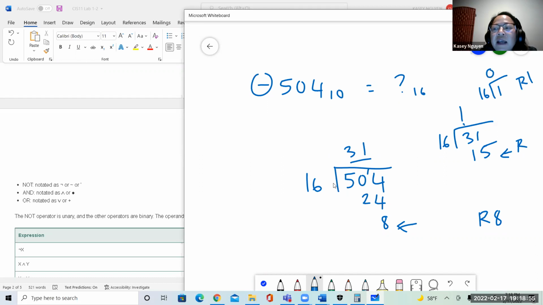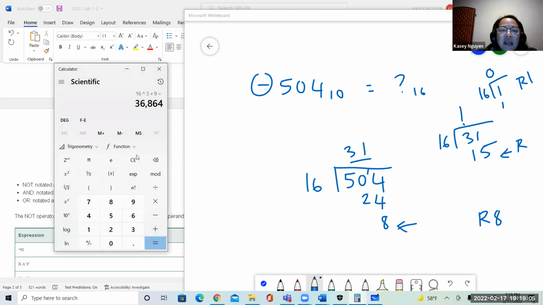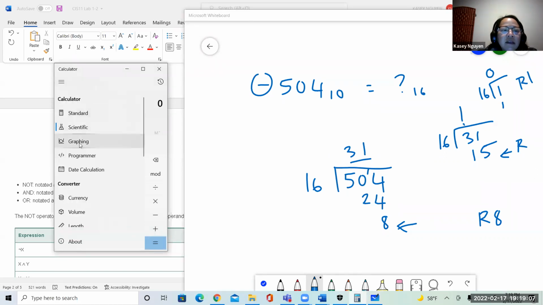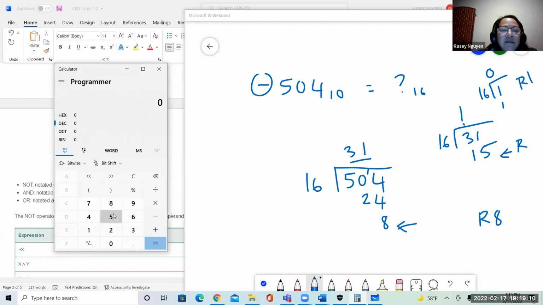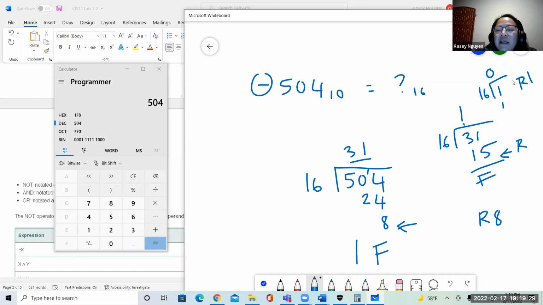Because it's 0 times with 1 remainder. So now at this stage, if you want to check your answer, right, you would go here. So if it's the absolute value, 504, and 15 here represents F, right? As you can see, the last step is the first digit. So 1, F, right, 8.